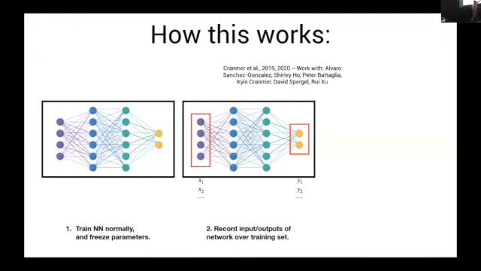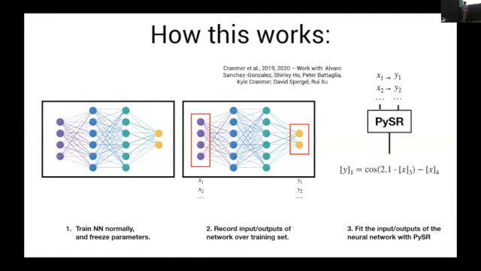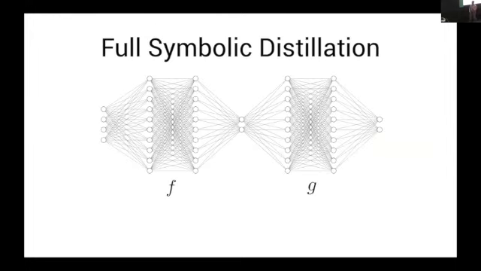You record the inputs and outputs of this network over the training set. At the very end, you take those inputs and outputs and fit different equations to them, to find an equation that approximates the relationship between these latent spaces, so it approximates this part of my network.